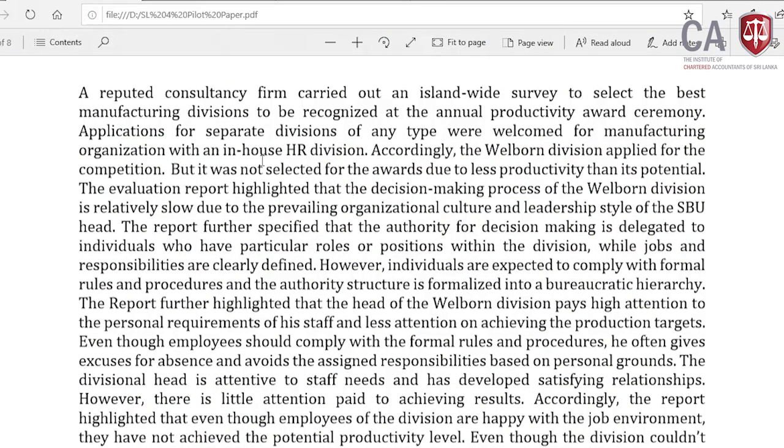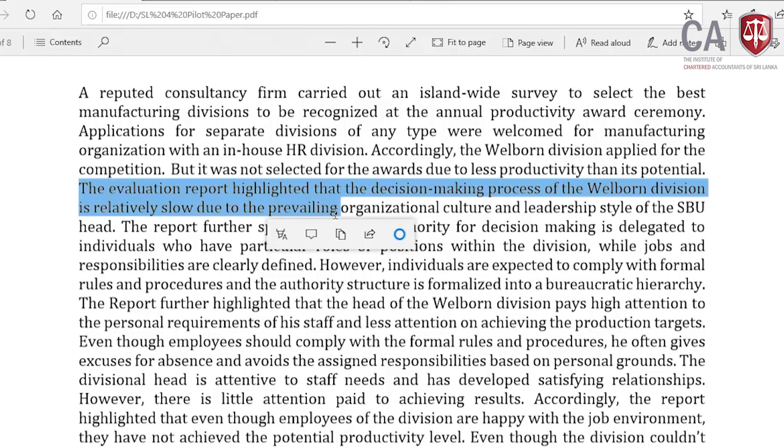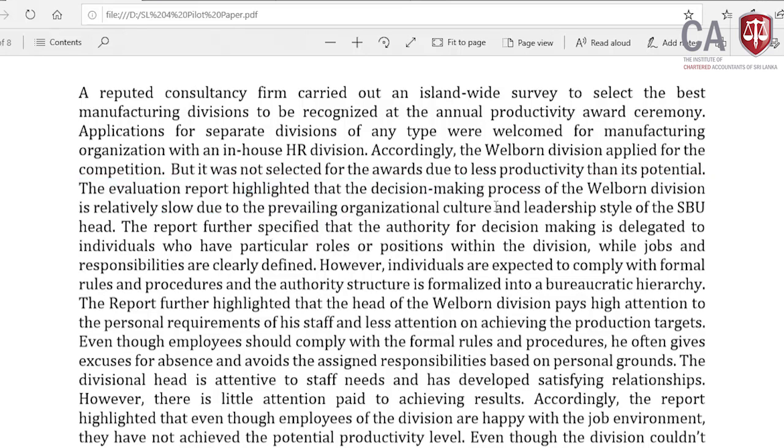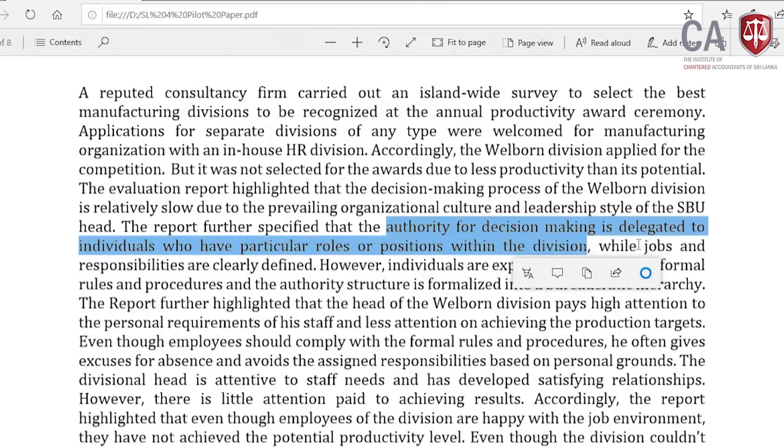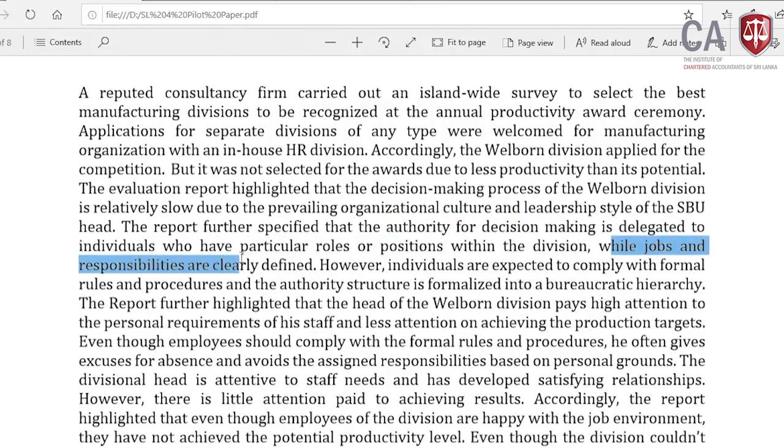It was not selected for the award due to less productivity than its potential. The evaluation report highlighted that the decision making process of the Well-born division is relatively slow due to the prevailing organizational culture and leadership style of the SBU head. The report further specified that the authority for decision making is delegated to individuals who have a particular role or position within the division, while jobs and responsibilities are clearly defined.